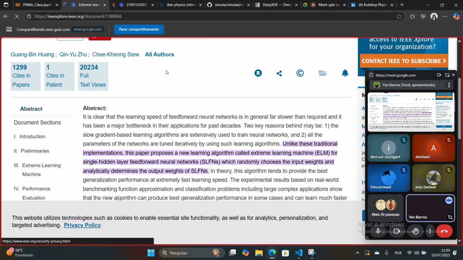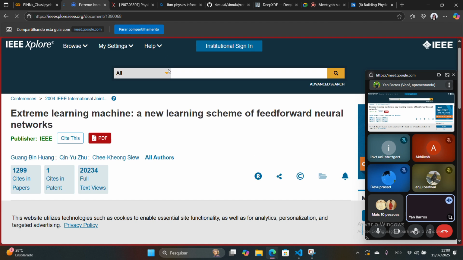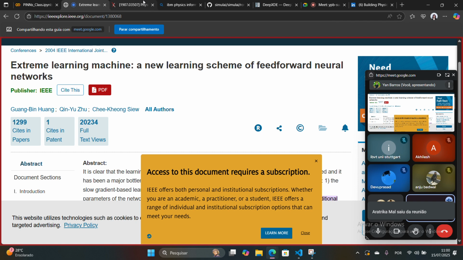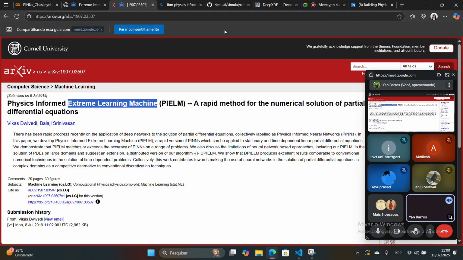Yeah, the extreme learning machine theory comes from Professor Guang-Bin Huang, which delves into starting the training of a neural network using random weights and biases in the input layer. Then we fix these as random parameters, and we just set them as fixed in the beginning.